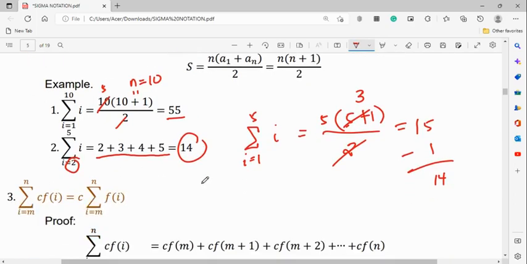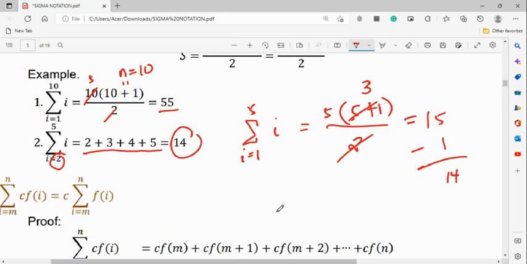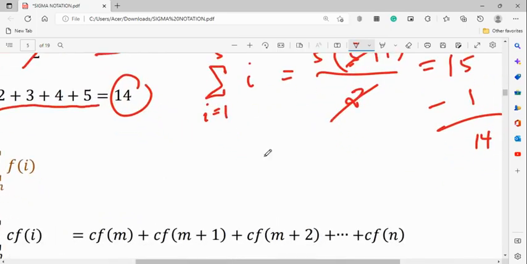Okay? So, halimbawa, magbigay tayo ng malalaking numbers. Example, what is the summation of I, I starts from 5, let's say 5 to 10. Normally, you can have manual kasi open ang calculator nyo.